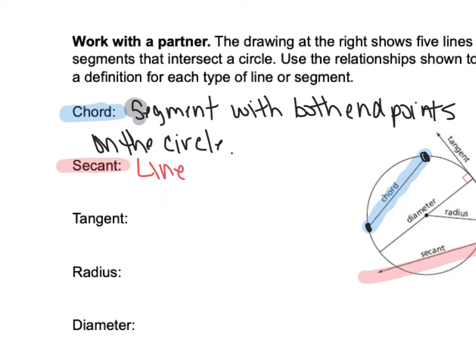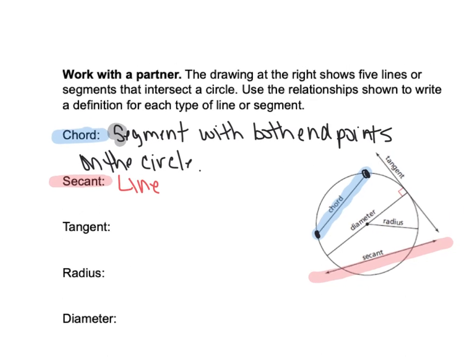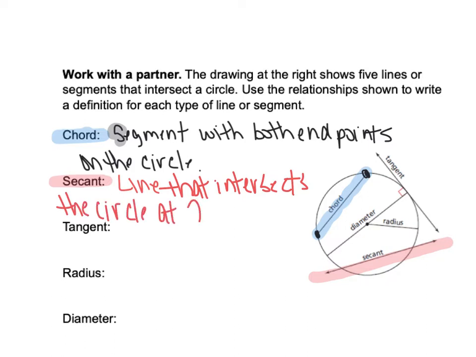Well, it doesn't have endpoints, but it intersects the circle. It's a line that intersects the circle at exactly 2 points. So it intersects the circle once, twice, but it's a line, so it keeps going through the circle.